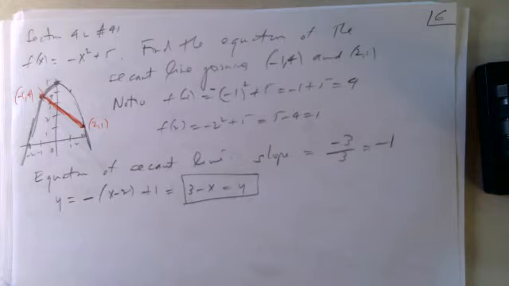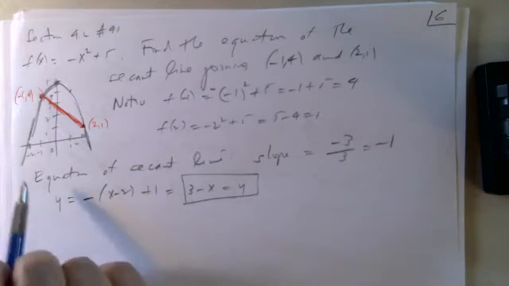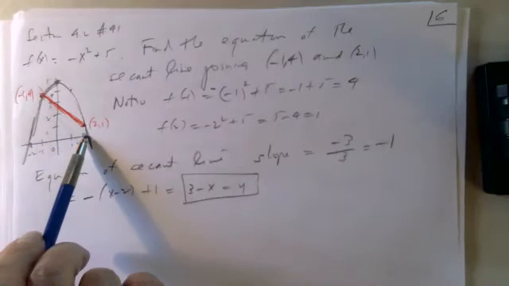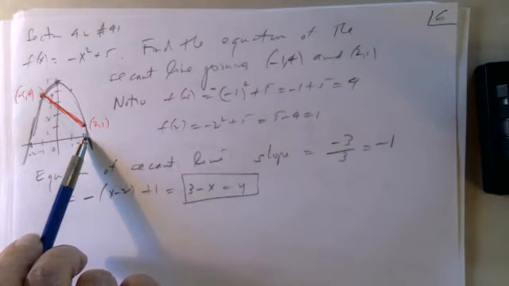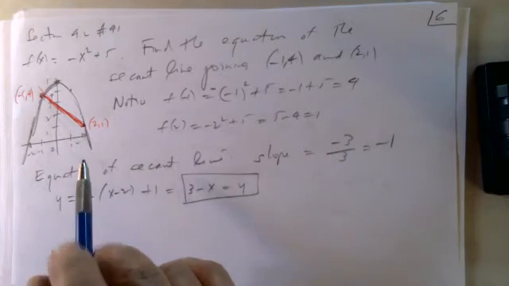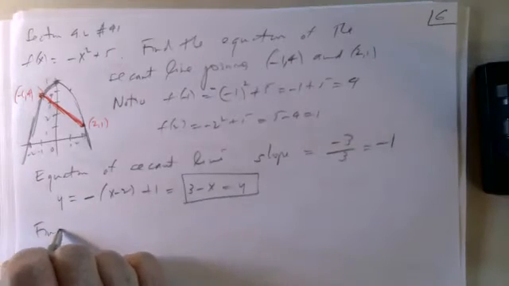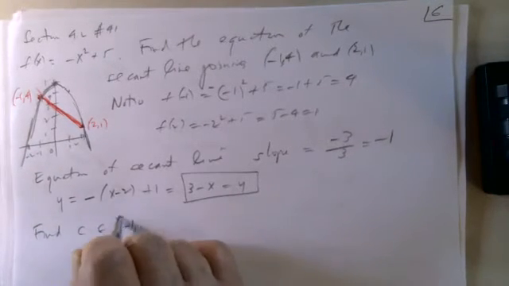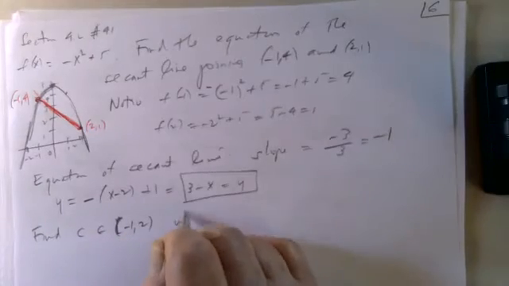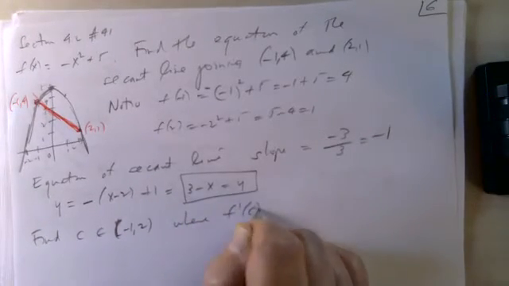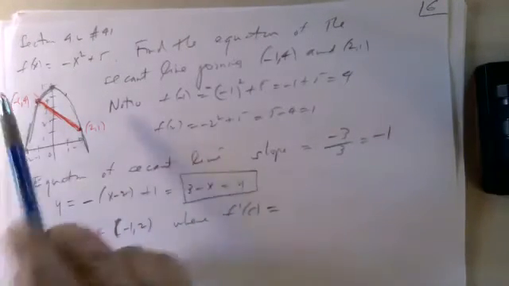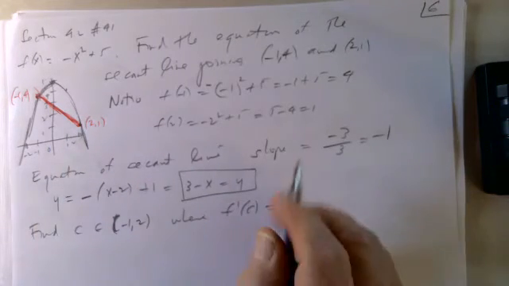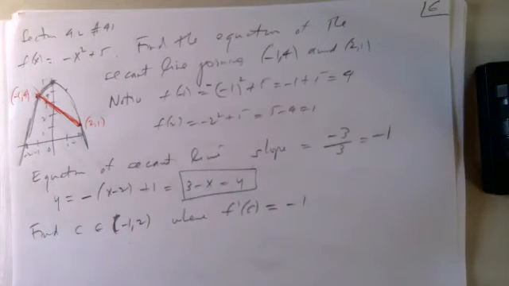We want to find a point C between minus 1 and 2, where the tangent line is parallel to the secant line. So we want to find a C between minus 1 and 2, where the derivative at C, that means the slope of the tangent at C, will be the same as the slope of the secant line, which is minus 1.